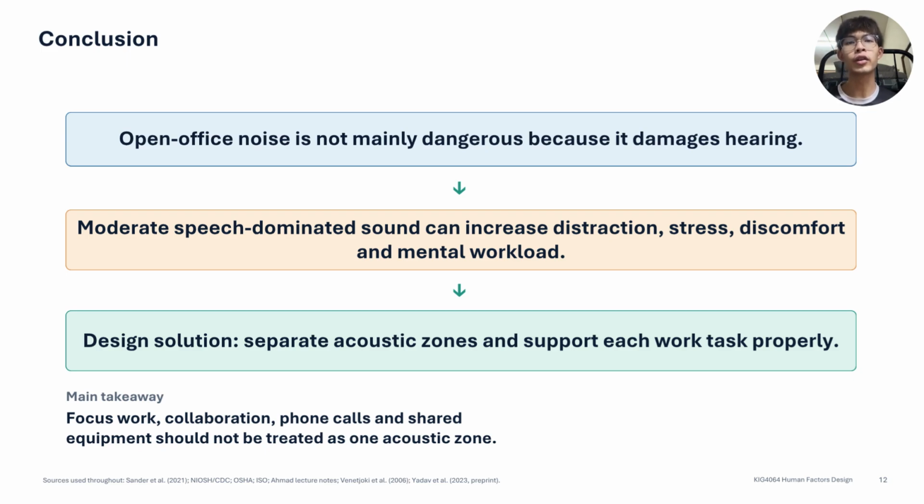So therefore, focused work, collaboration, phone calls, circulation, and shared equipment should not be treated as one acoustic zone. The recommended solution is to design the acoustic environment according to the task through zoning, enclosed rooms, absorption, buffers, and also quiet workplaces. That's all for our presentation. Thank you.